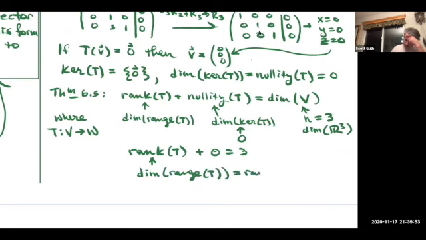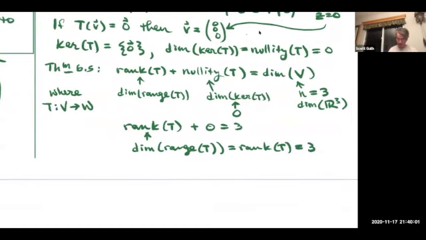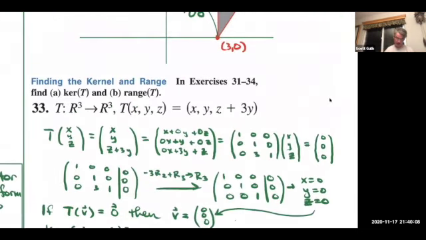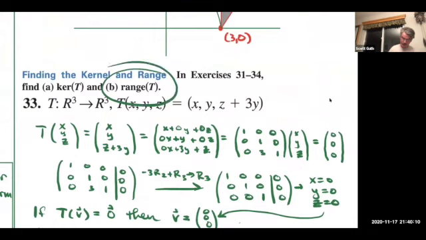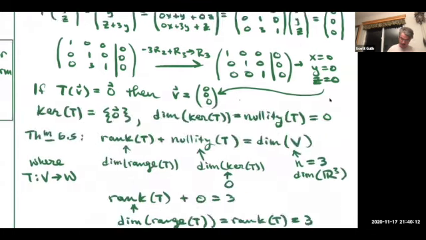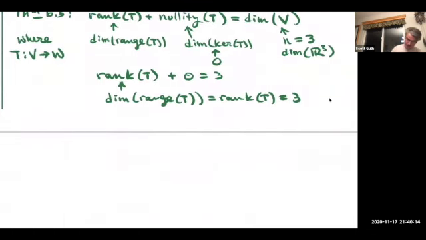That's the rank of T. So this is 3-dimensional. If it's three-dimensional, then it has to be all of R3. So the question is asking the range of T here. So if it's three-dimensional and it's in R3, then the range has to be all of R3.